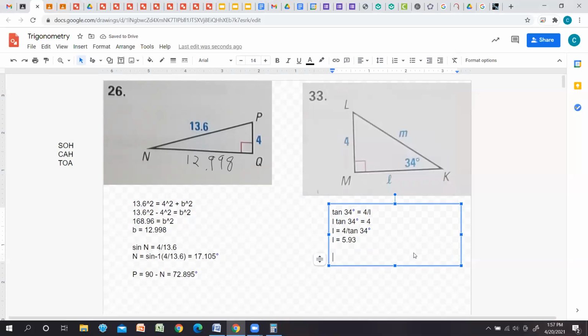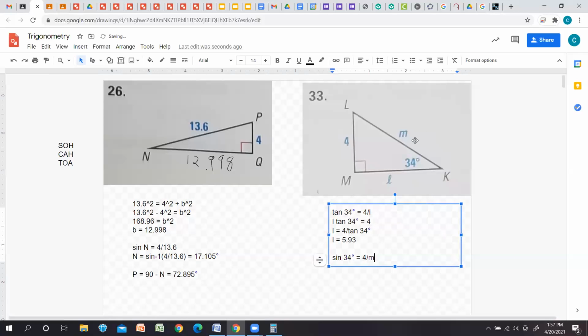Next, to find M, we do something similar. This is the hypotenuse, so I use the opposite over hypotenuse, which is sine again. So sine of 34 degrees equals, let's see, opposite is 4. Opposite of this K angle is 4.